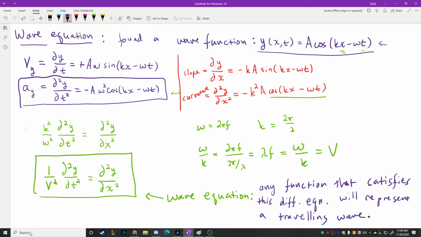Any function that satisfies that differential equation will represent a traveling wave. Okay, so this is where we can generalize things beyond just this one type of wave function.